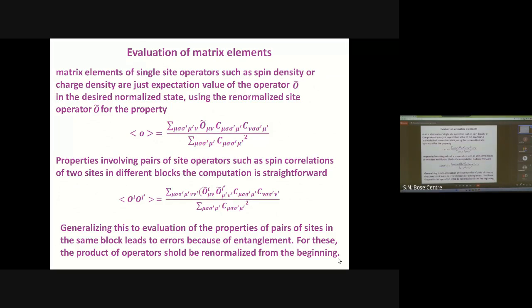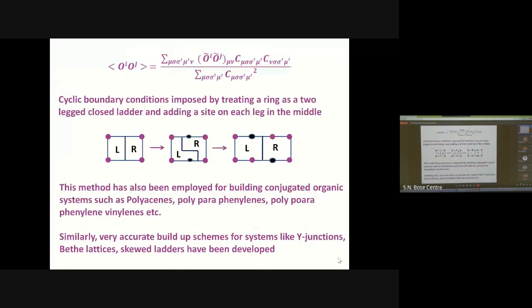Because of that, you will have to carry those two sites together. You have to obtain a matrix representation of the product of the two operators and keep renormalizing the matrix representation of the product. Okay, it is not sufficient to just multiply the two matrices at the last stage; instead, you multiply the two matrices at every stage, renormalize it, carry them through, and then calculate the matrix.